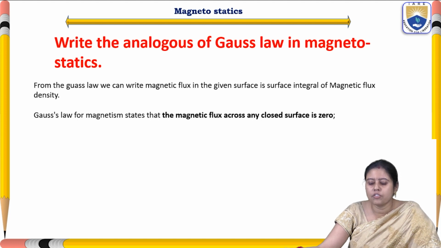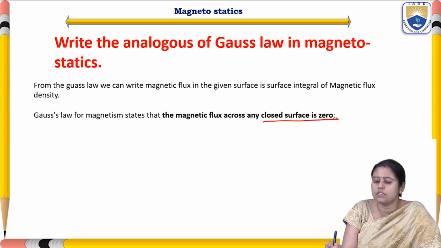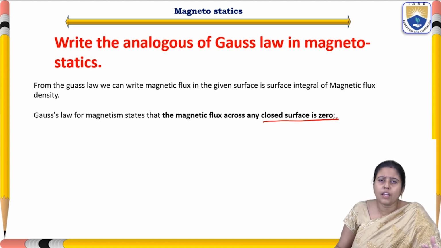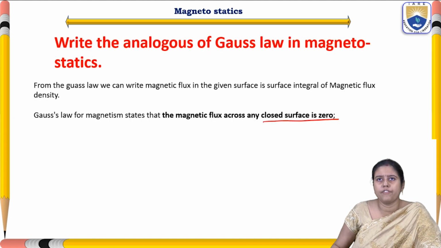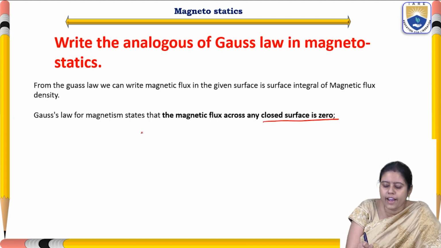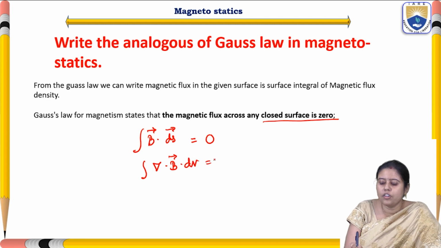But the Gauss law for magnetism tells that the magnetic flux across any closed surface is 0, because magnetic flux is never confined in a closed surface. So we can write that the closed surface integral of B dot ds is 0, and if we use the divergence theorem, the volume integral of grad dot B dv is equal to 0.